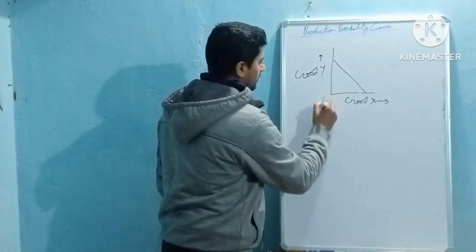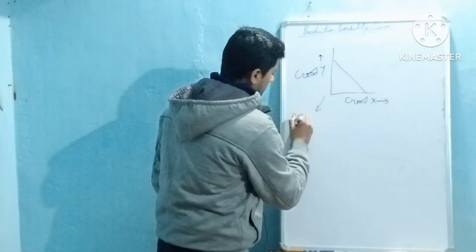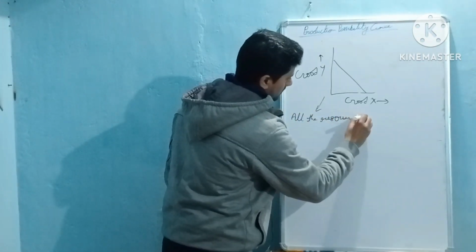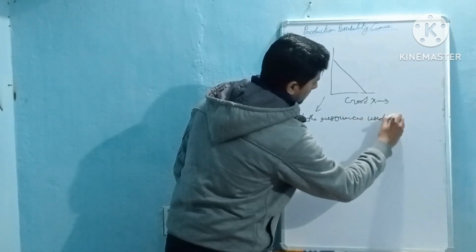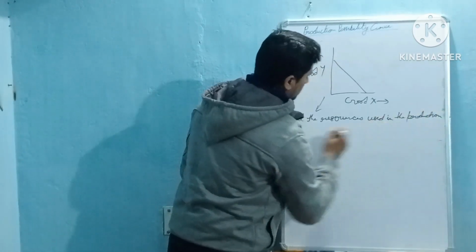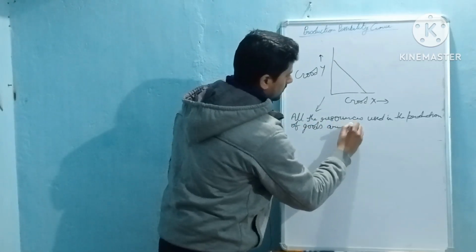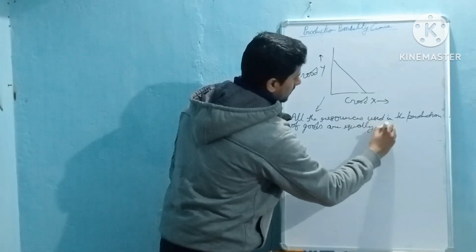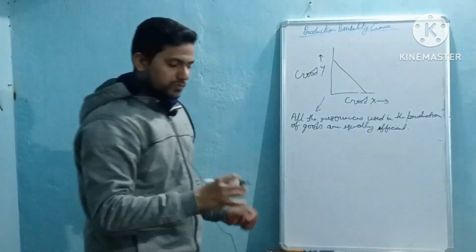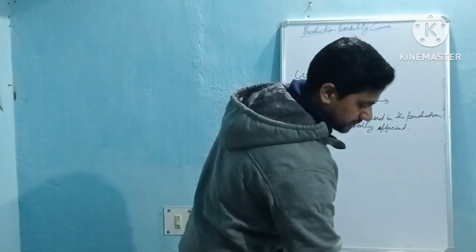Here you can write down the condition that all resources in the production of goods are equally efficient. Only in that case, this production possibility curve will become a straight line.